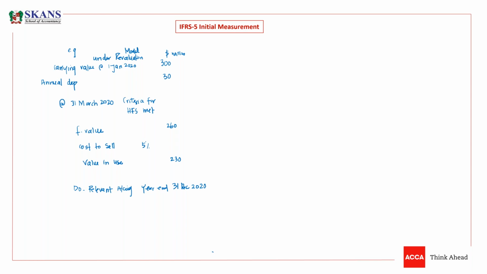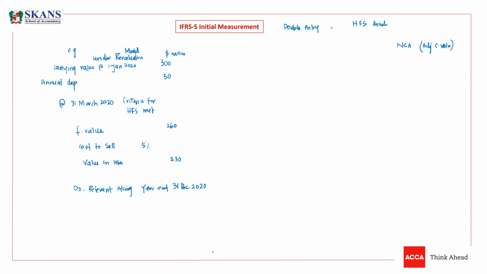So when we need to classify this asset as held for sale, what should be the journal entry? What should be the double entry to record this? We need to book held for sale asset at lower of. And we need to credit non-current asset with its adjusted carrying value.